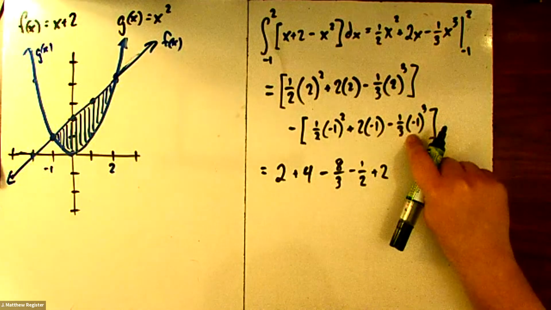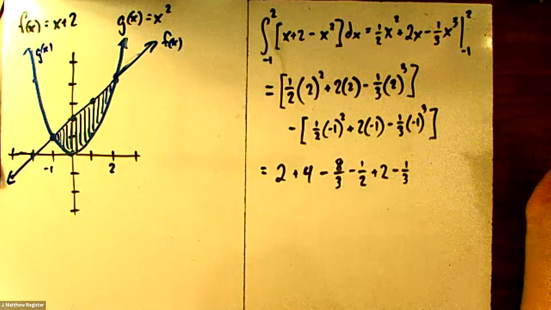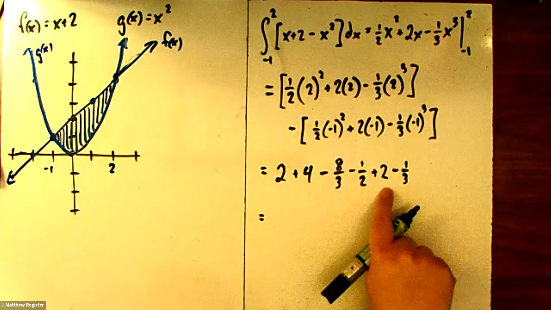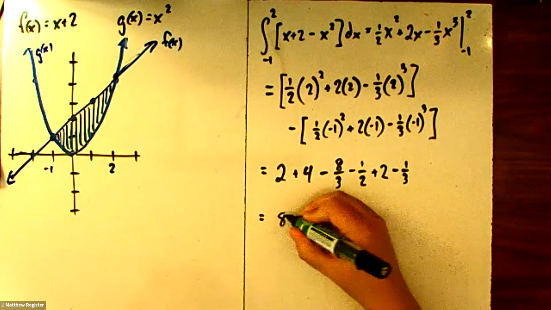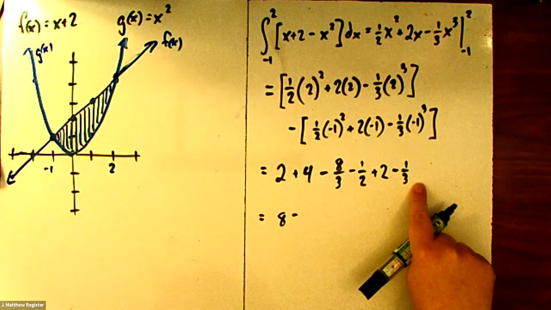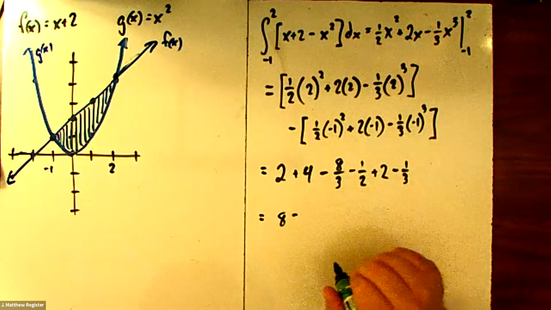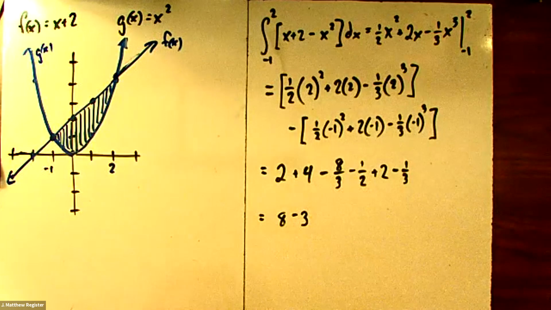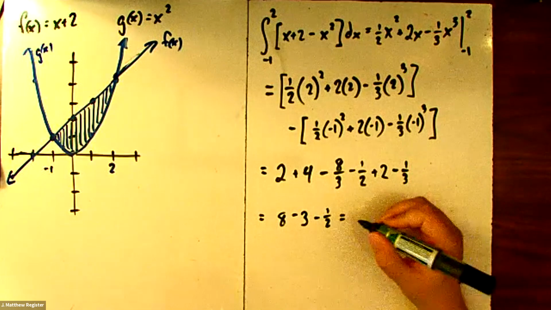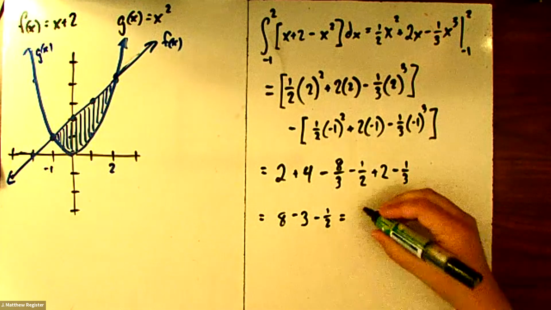So this becomes a positive 1/3, which then becomes a negative 1/3. 2 plus 4 plus 2 is 8. Minus 8/3 and 1/3 is 9/3. And so that's going to be a, what is it? A minus 3. And then we have a minus 1/2. 8 minus 3 is 5. 5 minus 1/2 is 4.5.